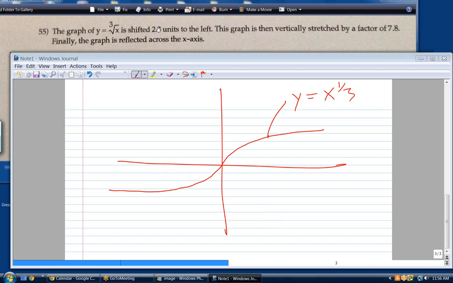How do I handle the 2.3 unit shift to the left? Do you add 2.3 units? To where? What's the equation going to look like? Oh, the cube root of x plus 2.3. Inside the radical or outside?